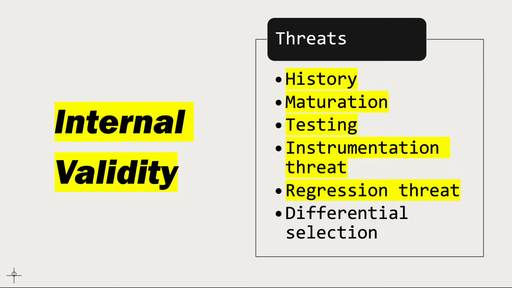And regression threat, the final one for single group designs. This is one that relates to instruments as well. And it's about the situation where participants might score at the very extreme high end or extreme low end of an instrument. So get very low scores close to zero or very high scores close to the top end.